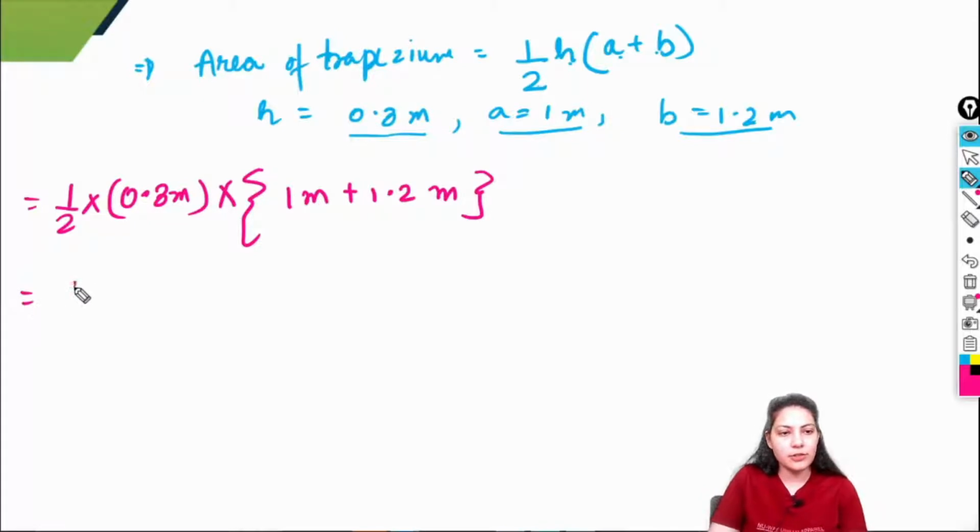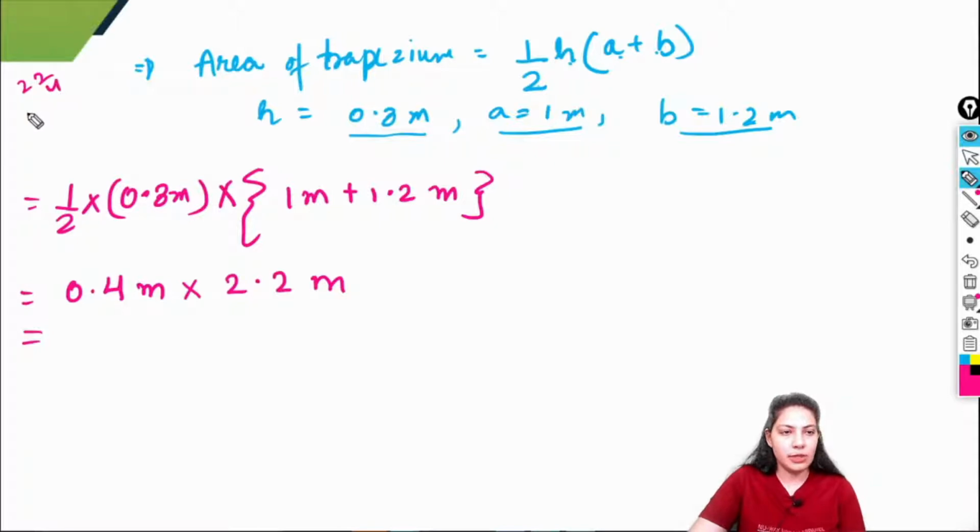That is directly solved. So this would result as 0.4 meter, because 2 fours are 8 and 1 point. This is also decimal. If you have questions regarding solving decimals, then visit my decimal lecture in the previous sessions. And 1 plus 1.2 is 2.2 meter. So that would result as 2.2 into 0.4.